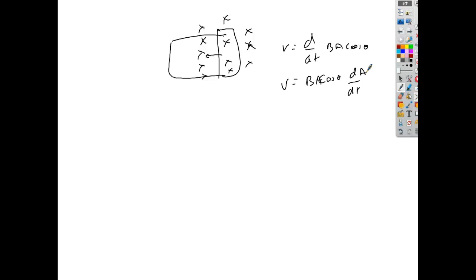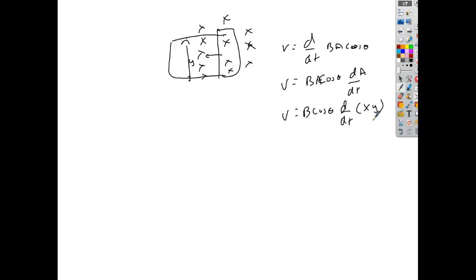Now here's where things get fun. The distance between here and here, let's call this y. Is that changing? No. So if I were to go further and do my area formula, I might notice that this is d dt of x times y, right? But y isn't changing in this case.